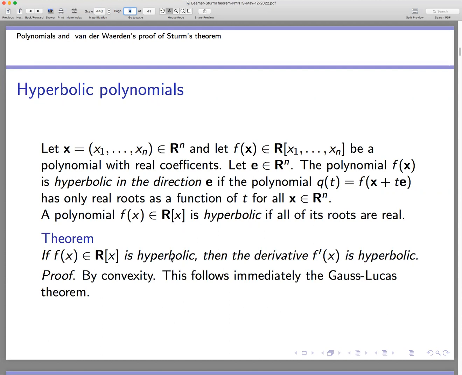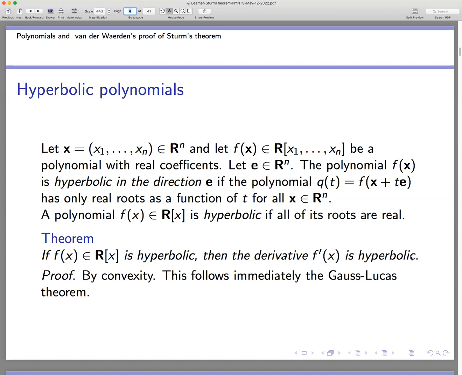And if you have a hyperbolic polynomial, all of its derivatives are hyperbolic. The easiest proof I know is the Gauss-Lucas Theorem, which says if you have a polynomial with real or complex coefficients, and you take the convex hull of the roots in the complex plane, that convex hull contains all roots of the derivative.